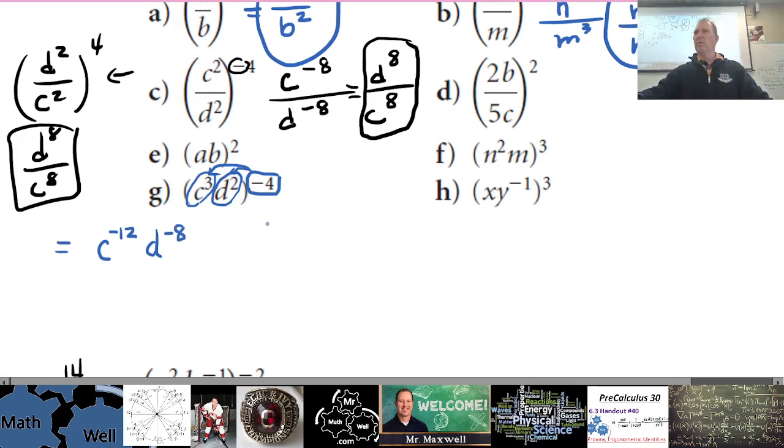All right, so they both have negative exponents. They both have to go to the denominator. So when there's nothing left in the numerator from when you move things down, then you put a 1 up there. Okay, so this is 1 over c to the positive 12, d to the positive 8.